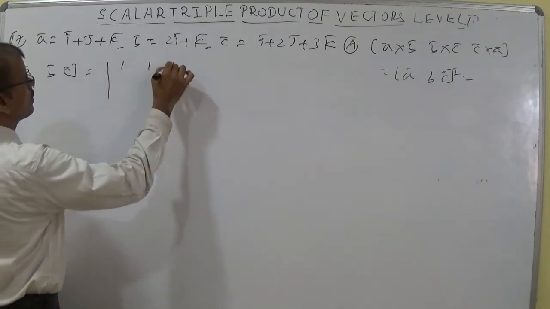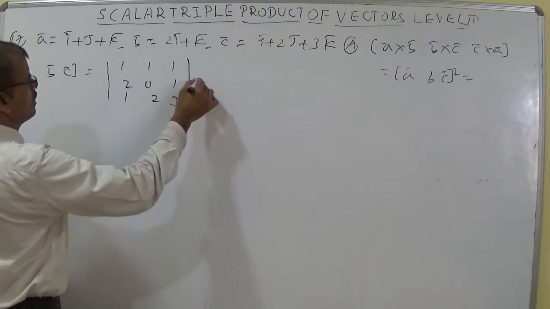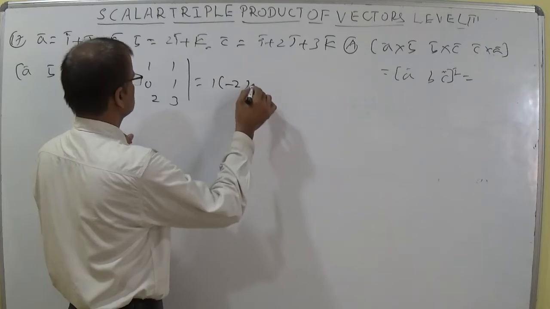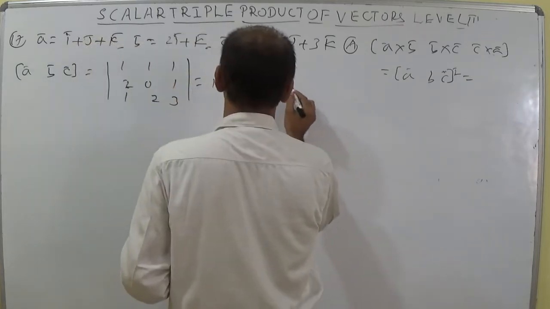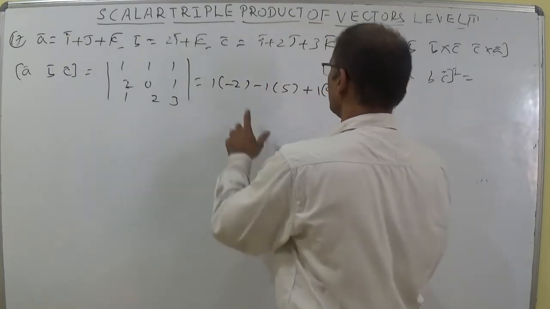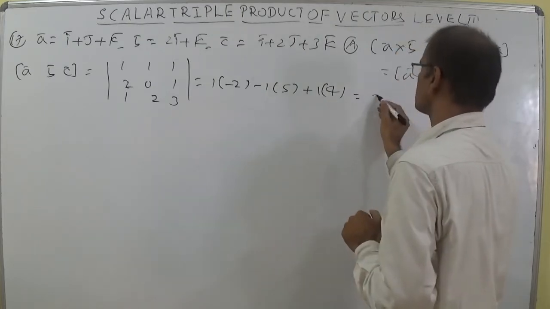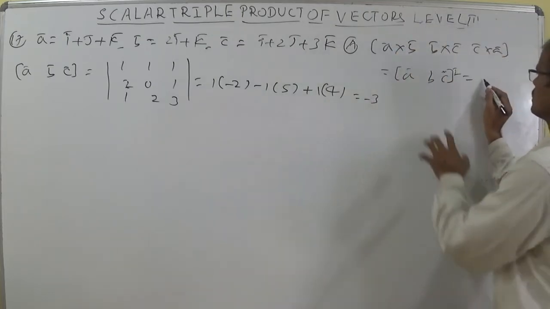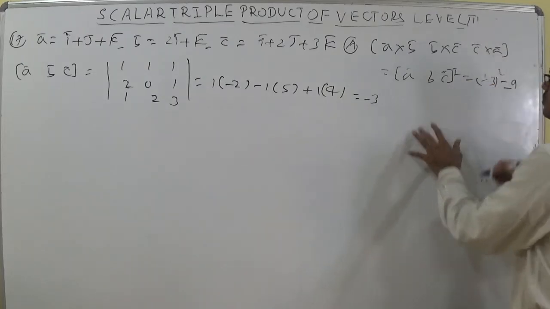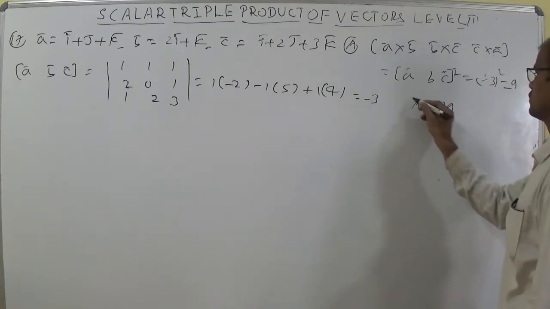Here this is 1, 1, 1 and here 2, 0, 1 and 1, 2, 3. Let us calculate the determinant. So 1 into 0 minus 2, this is minus 2, and minus 1 into 6 minus 1, this is 5, plus 1 into 4. So minus 4, minus 2, minus 5, minus 7, plus 4, minus 3. Here box ABC whole square we need. So minus 3 whole square is 9. I am writing here the A value 9 we got.